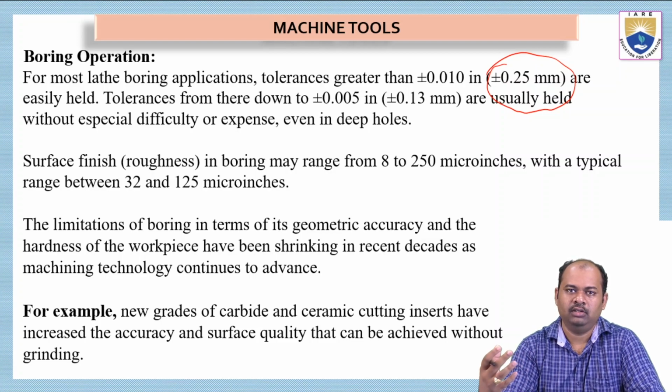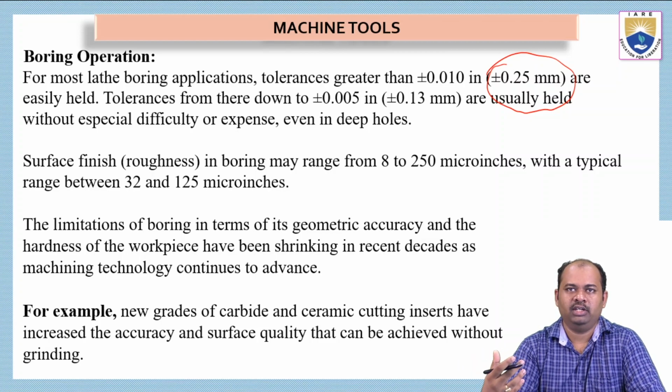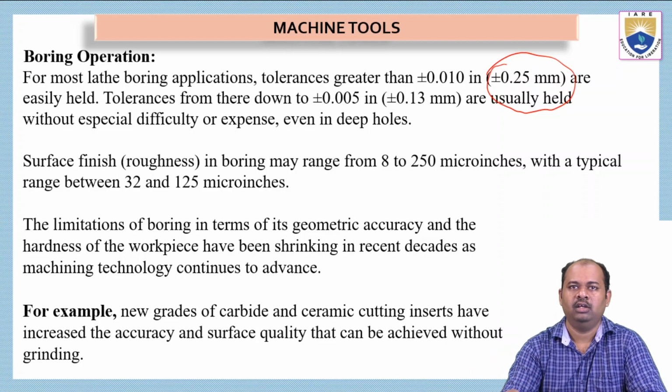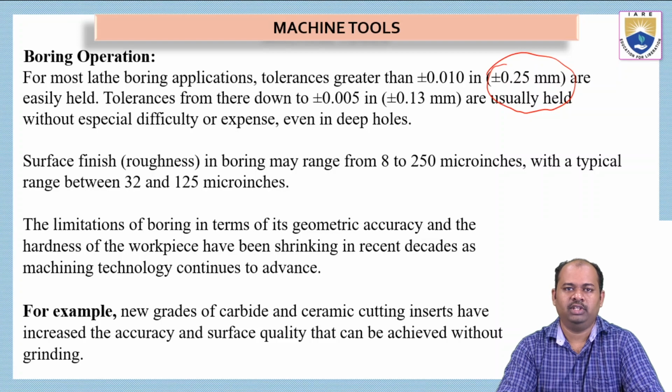It can go from 0.05 to 0.25 mm. Okay, it can remove this much thickness of the material. And tolerances from there down to 0.13 mm are usually held without special difficulty or expense, even in deep holes. When we want to do deep hole reaming or deep hole boring, we can go up to 0.13 mm. Okay, by doing this operation.